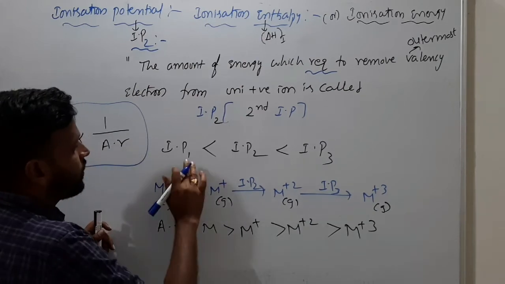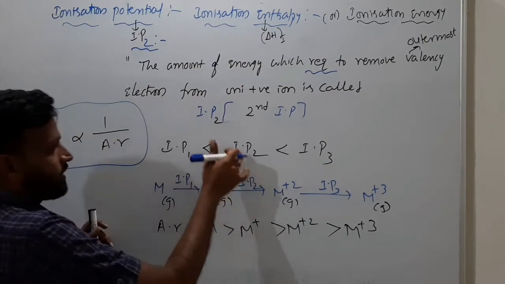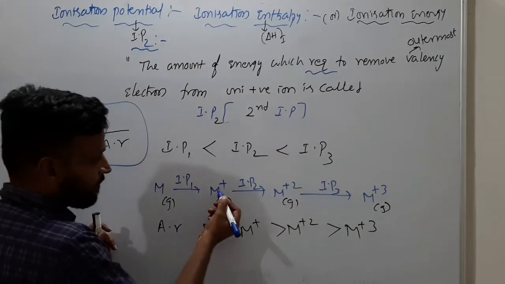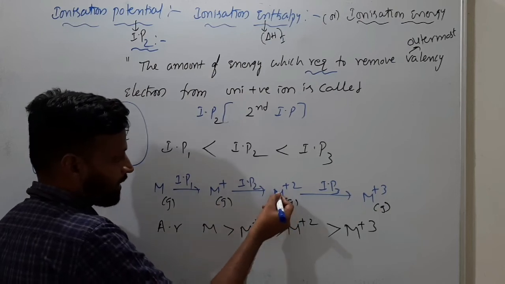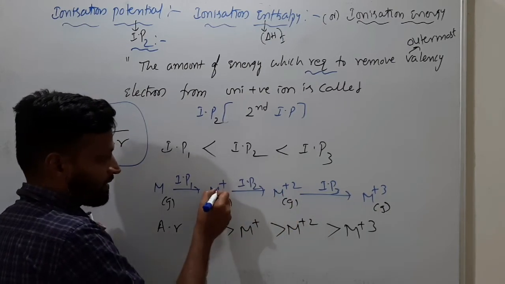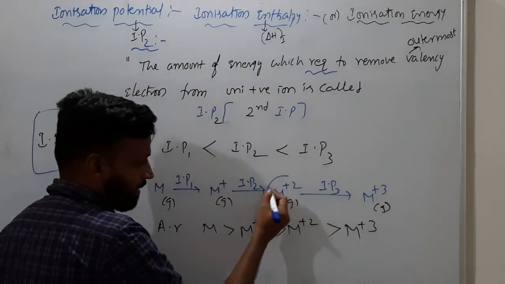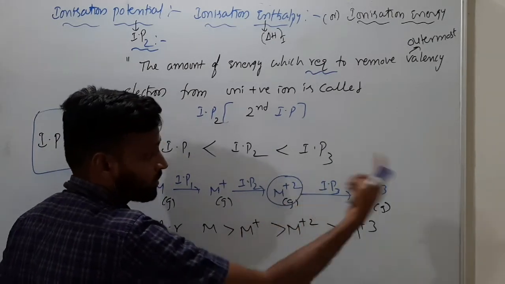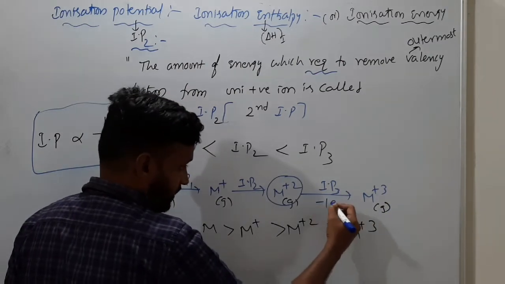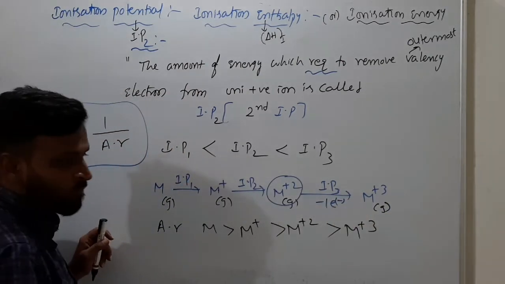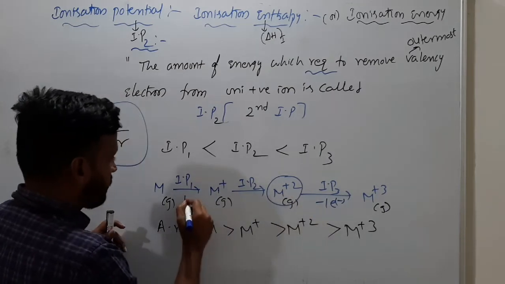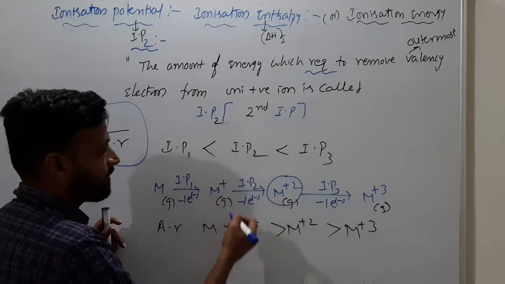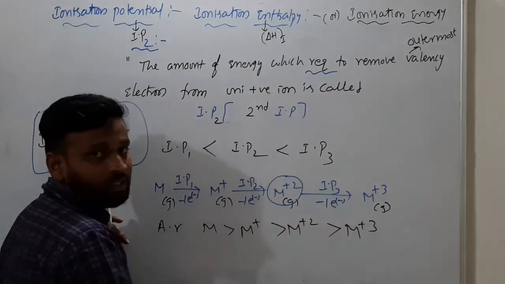So second ionization potential is greater than first, and third is greater than second, because M2 plus is somewhat smaller in size than M plus. When it has a smaller size, it requires more energy to remove an electron from it. You remove the first electron, IP1; the second electron, IP2; the third electron, IP3.